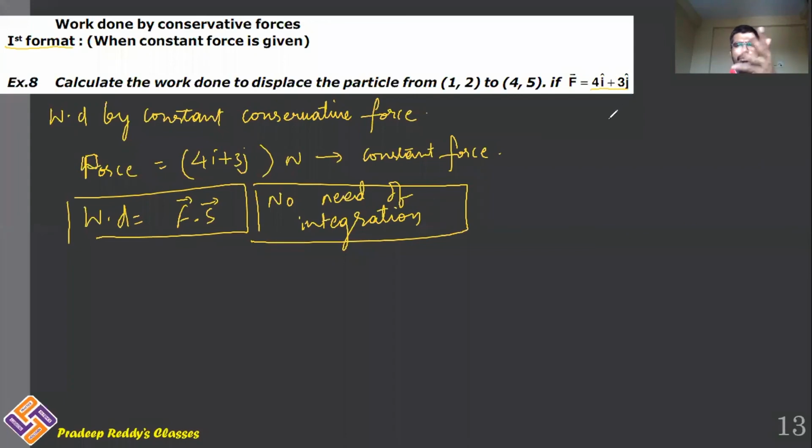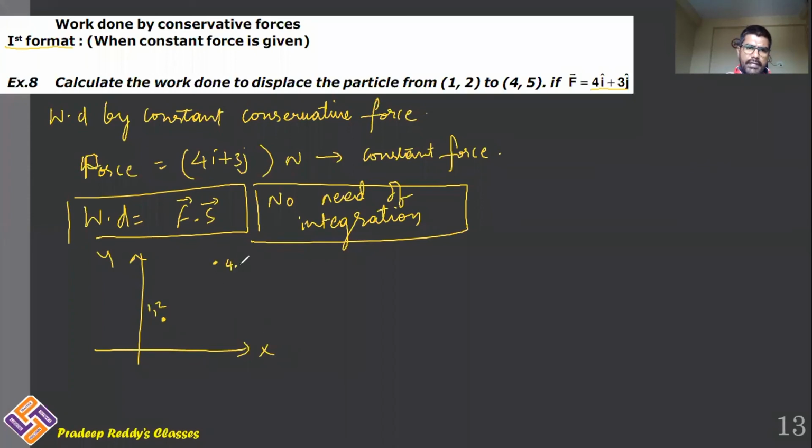In 4i plus 3j, there is no x term and no y term, so x and y are not involved. Therefore, it is a constant force. The body is displaced from position 1, 2 to 4, 5. Let me take this: this is the y-axis, this is the x-axis. 1, 2 will be somewhere here, and 4, 5 will be somewhere here.